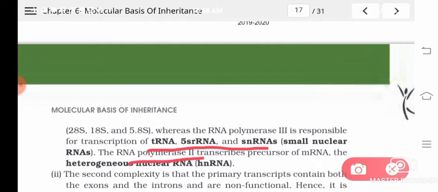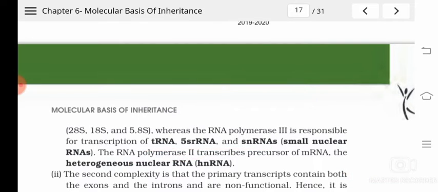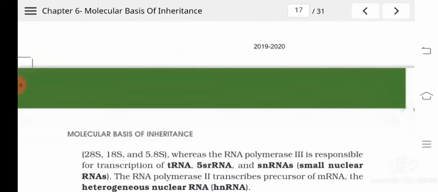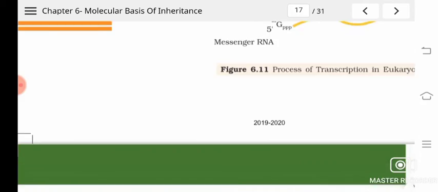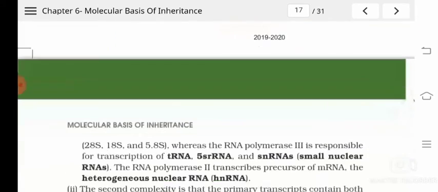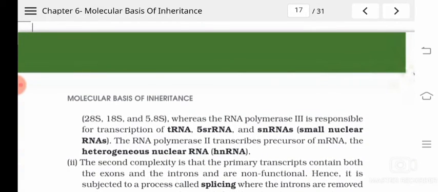But in eukaryotes, RNA polymerase 1 transcribes RNAs like the 28S, 18S and 5.8S RNAs. And then RNA polymerase 3 is needed for transcribing tRNA, 5S rRNA, snRNA.